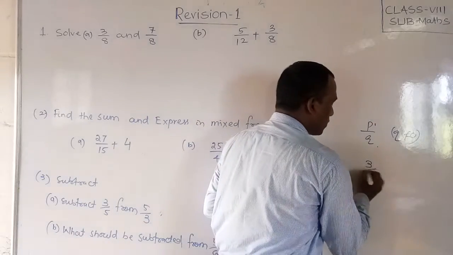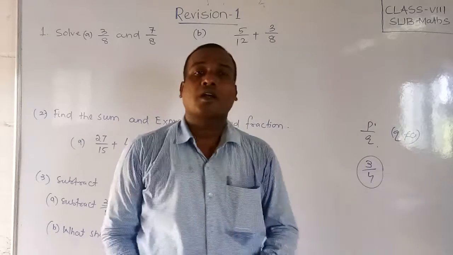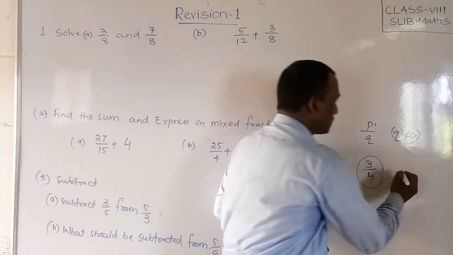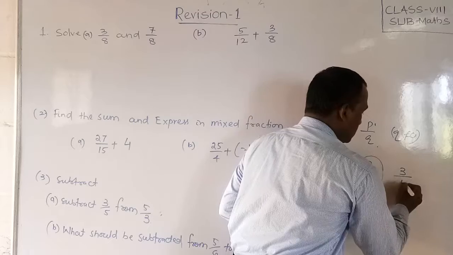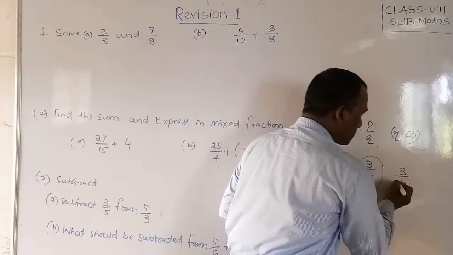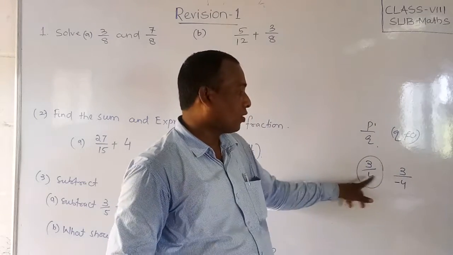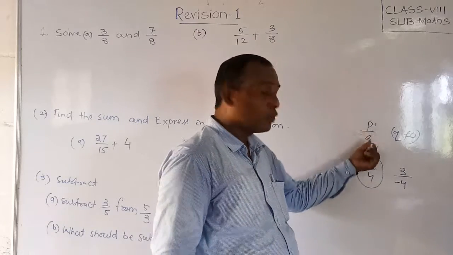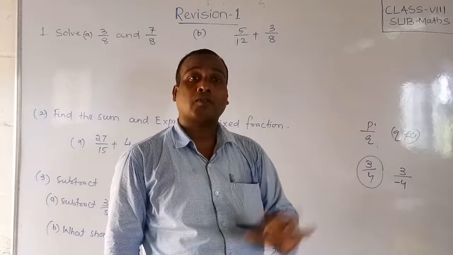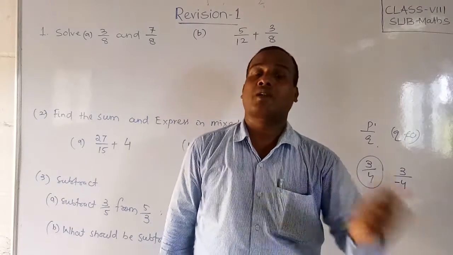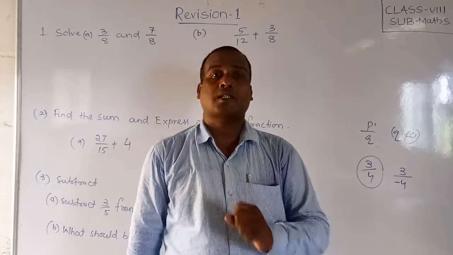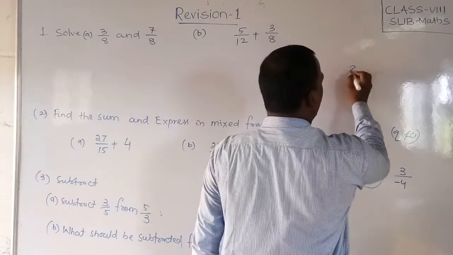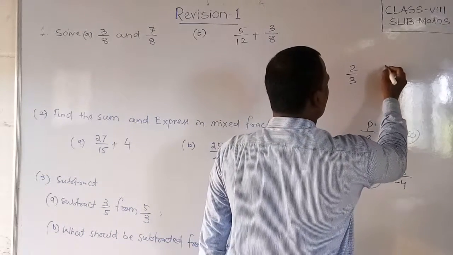Suppose 3 by 4, this is a rational number. This is also a fraction, but this one is not a fraction. Students, observe: the p by q form is also a fraction, but what is the difference between a fraction and a rational number? Now see the two numbers I have written.